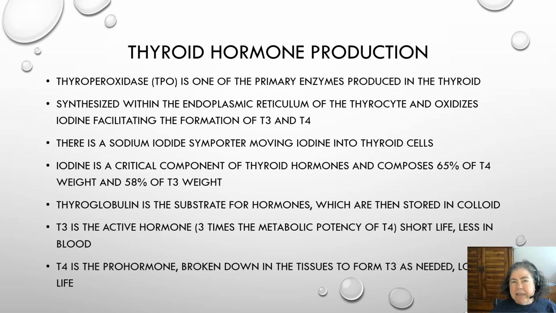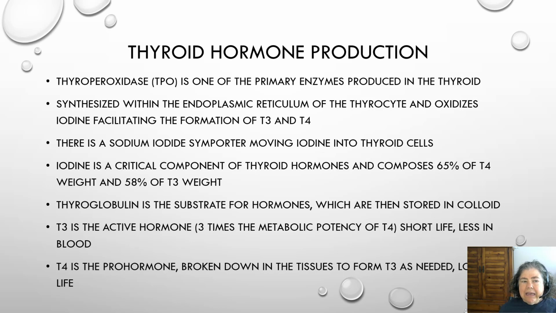There are a number of enzymes that are produced in the thyroid gland. One of them is thyroperoxidase, and it's synthesized within the thyrocyte using the cellular machinery of synthesis, and it is important in oxidizing iodine. And oxidized iodine is crucial to make these two thyroid hormones, T3 and T4.